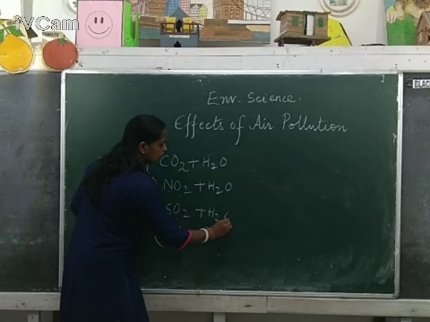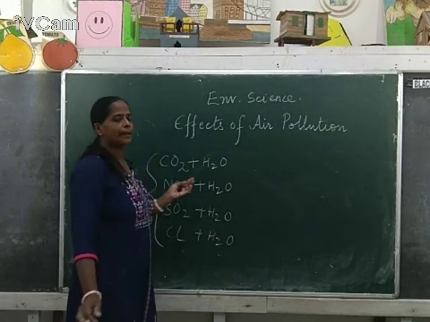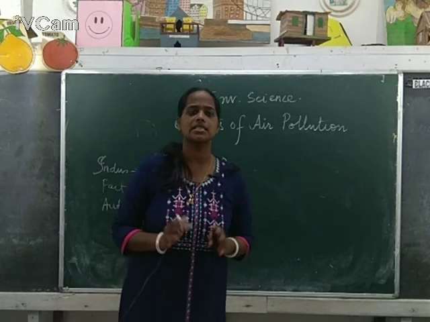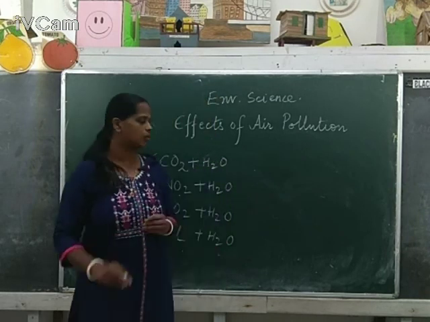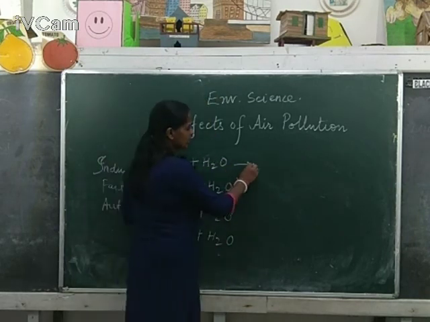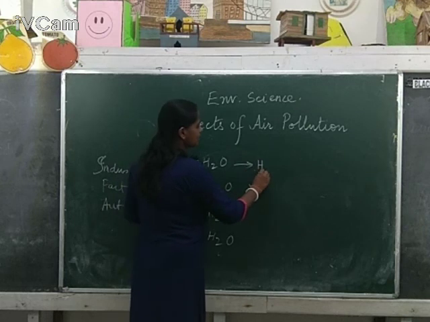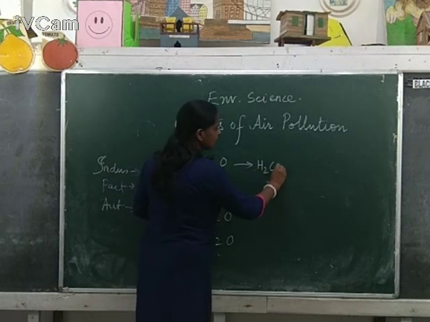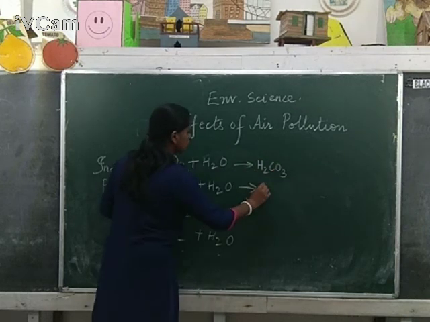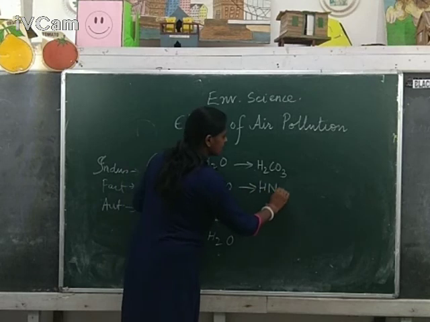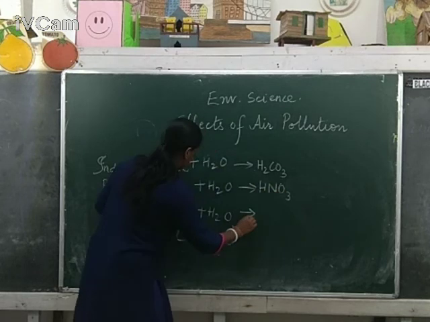As you all know, we have water vapor in the air always. So these gases sometimes combine with the water vapor in the industrialized areas, and this is what is formed because of the gases combining with water vapor.